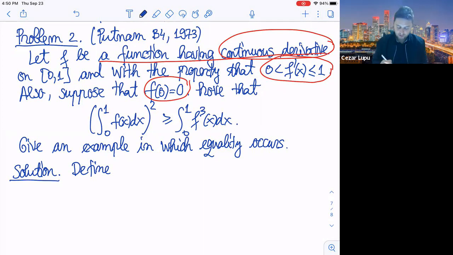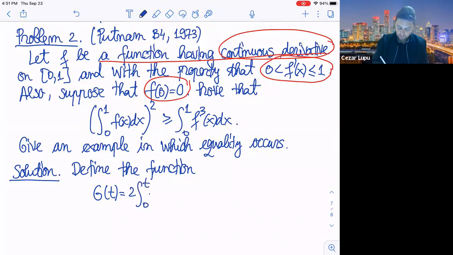So let me define the function: g of t is 2 times the integral from 0 to t of f of x dx, minus f of t squared, and t is between 0 and 1.